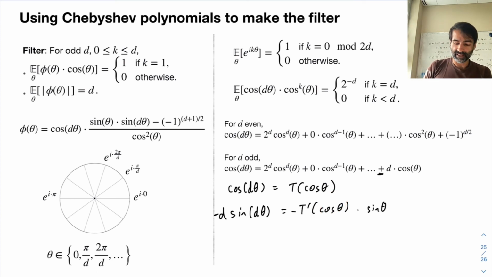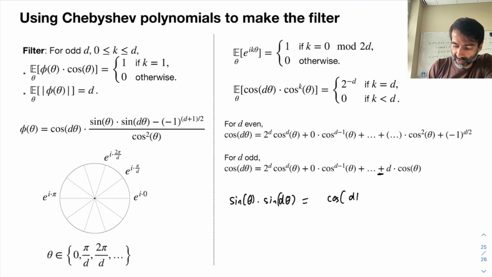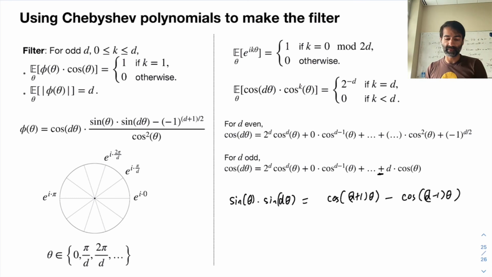All right. So good. So now we have all of these facts, and let's try to use them to reason about what's going on here. Well, there's one last identity I need, which is that sine theta sine d theta is equal to cosine of (d plus 1) theta minus cosine of (d minus 1) theta, divided by 2.